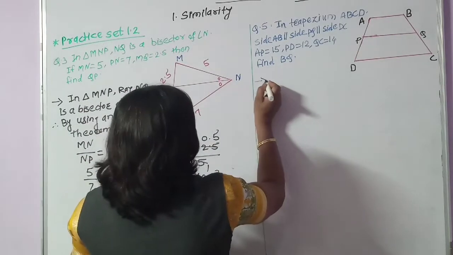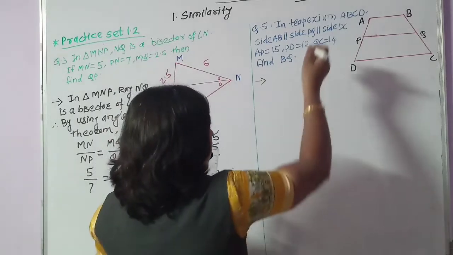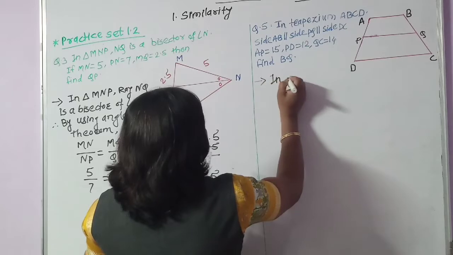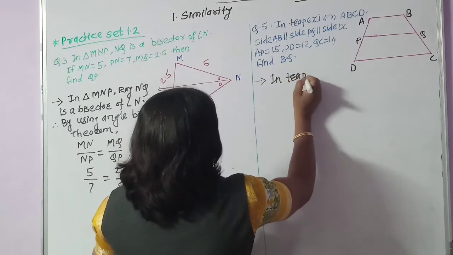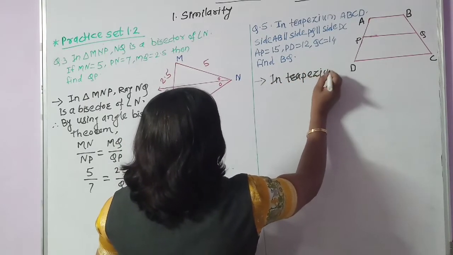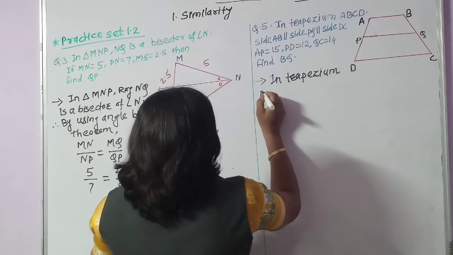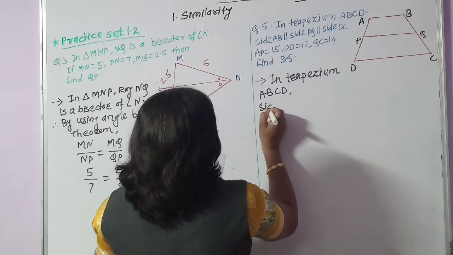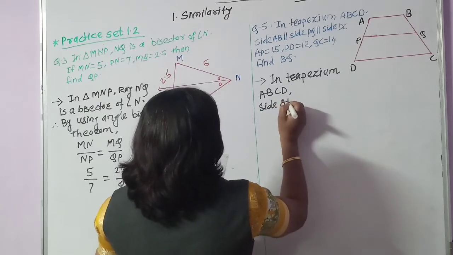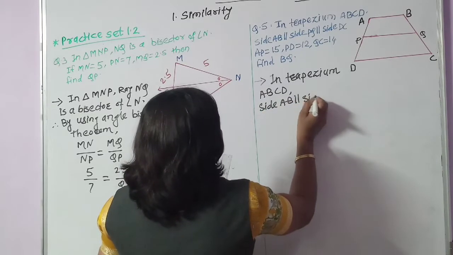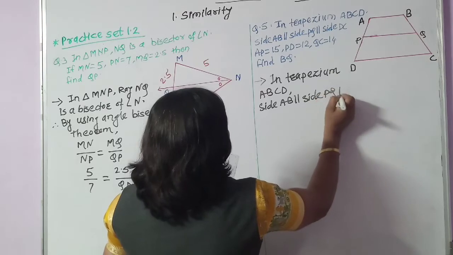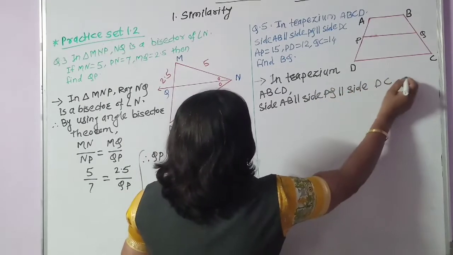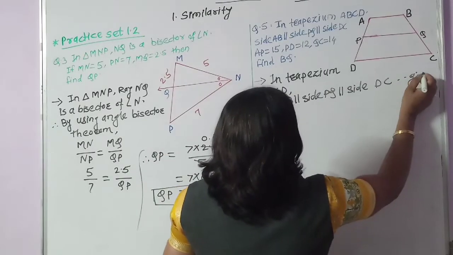So first of all, write the given: in trapezium ABCD, side AB parallel side PQ and parallel side DC. This is our given.